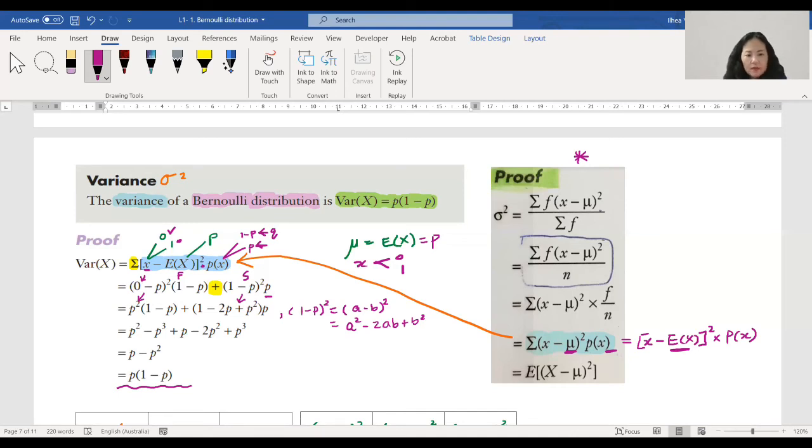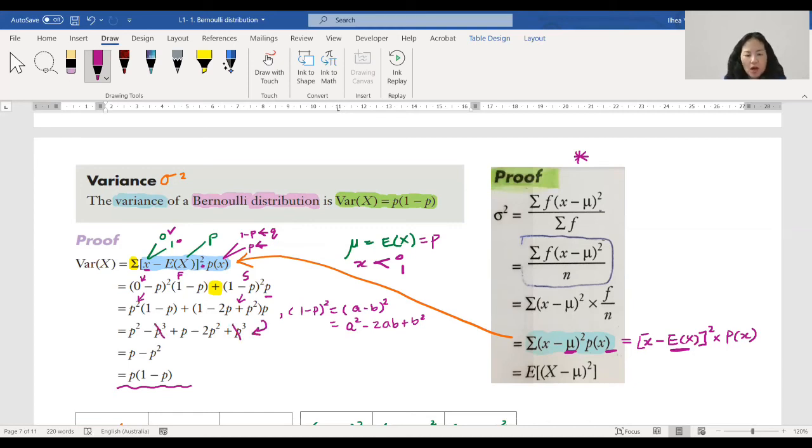So what happens? 0 minus p squared is p squared, and the 1 minus p stays the same, plus 1 minus p squared, which is actually a perfect square, isn't it? So we expand it as a perfect square, which is 1 minus 2p plus p squared, and then times by p. Now we expand it again, and then simplify.